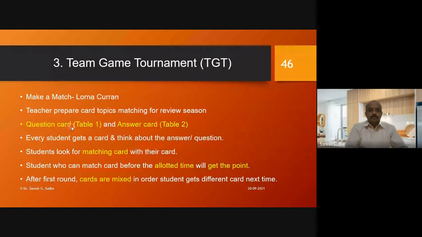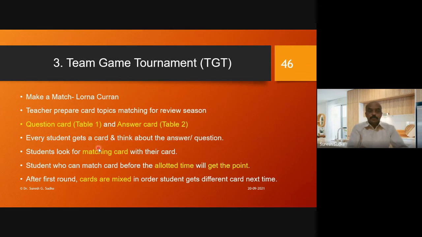So the question cards are prepared for table 1, and the answer cards are prepared for table 2. On the question card, only questions are placed, and on the answer card, the answers are written. Then every student gets a card, and they think about the answers or questions, depending upon whether they are getting the answer card or question card.